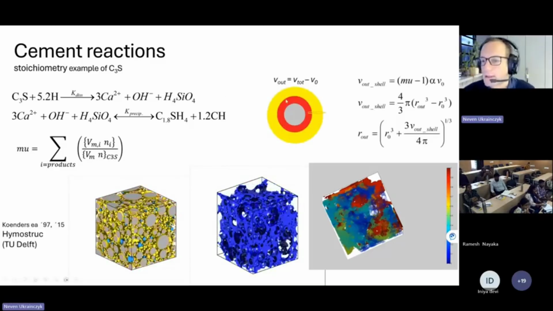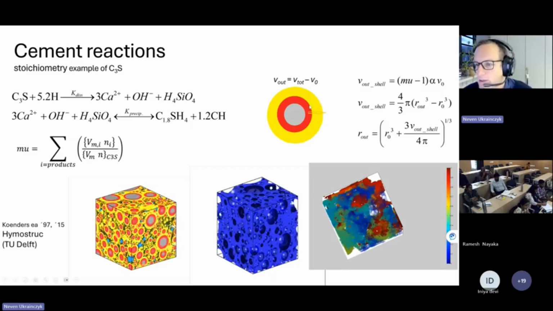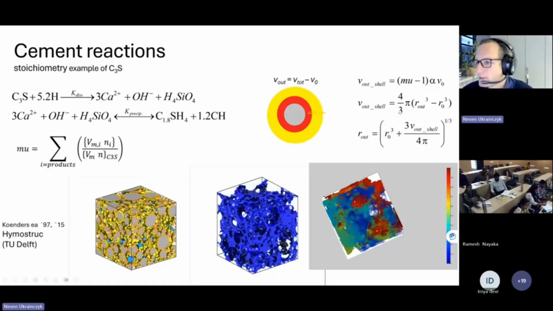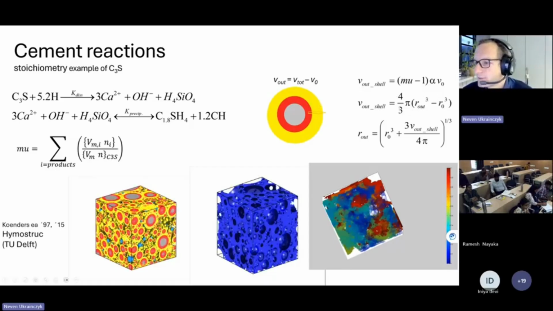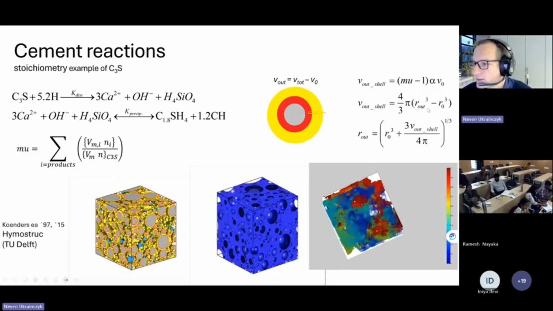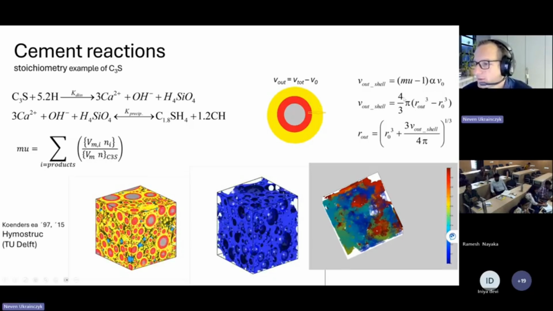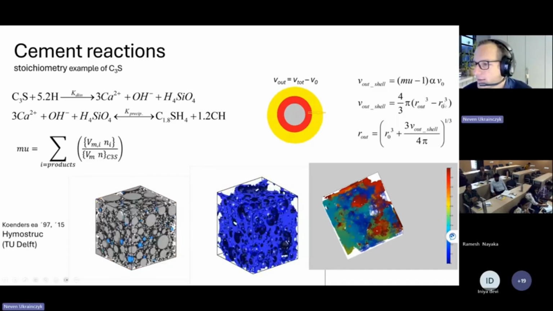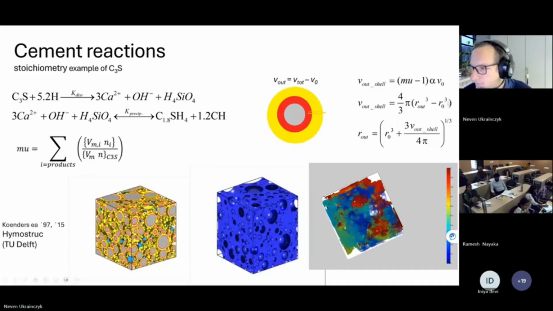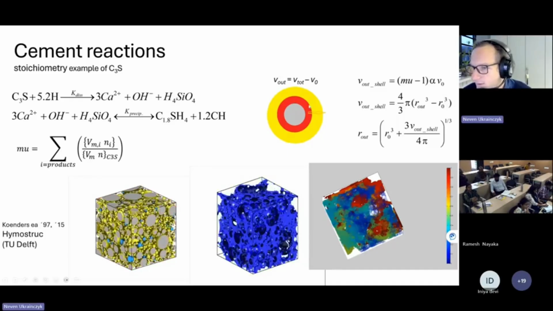So how do we calculate now the volume of our growing shell? We just need the mathematical description of the sphere. This is the volume of a sphere: 4/3 pi, the radius to the power of three. This is the volume of the initial sphere. This is gray.